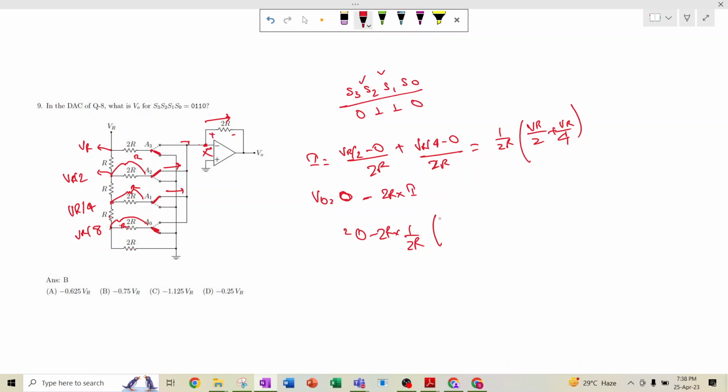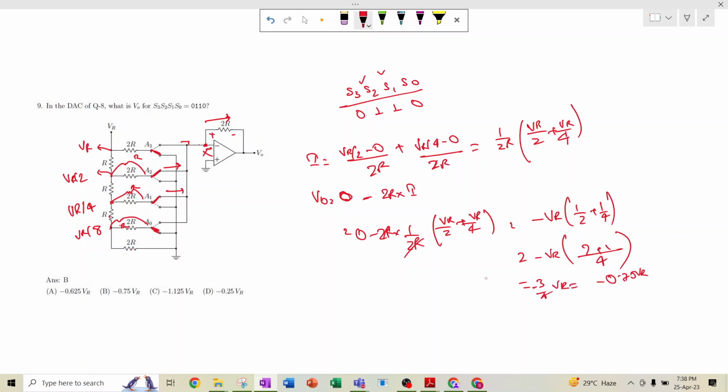Here it has VR by 2 plus VR by 4, so that means 2R cancels out, minus VR if we take common, 1 by 2 plus 1 by 4, so minus VR, it is 2 plus 1, that is minus 3 by 4 VR, that is minus 0.75 VR. So it will be the answer. Correct answer will be option B, that is minus 0.75 VR.